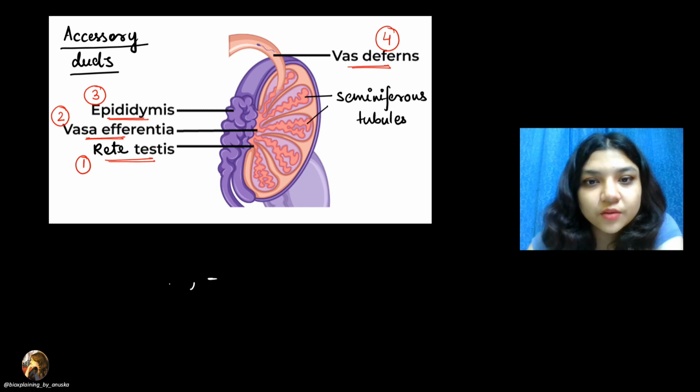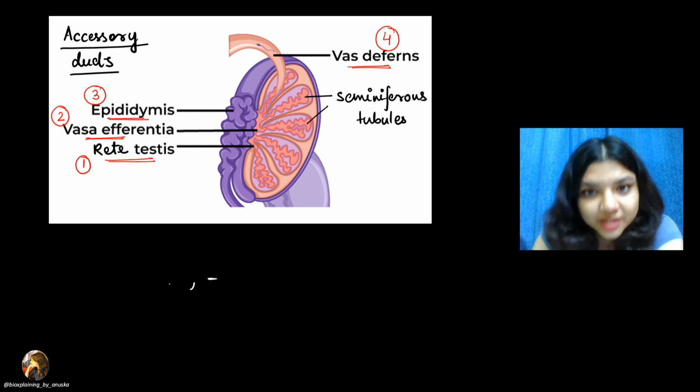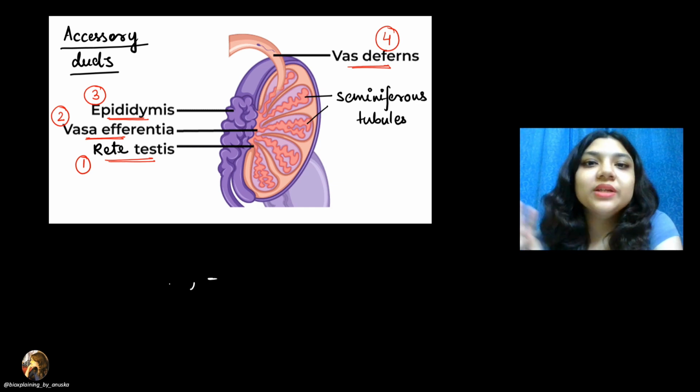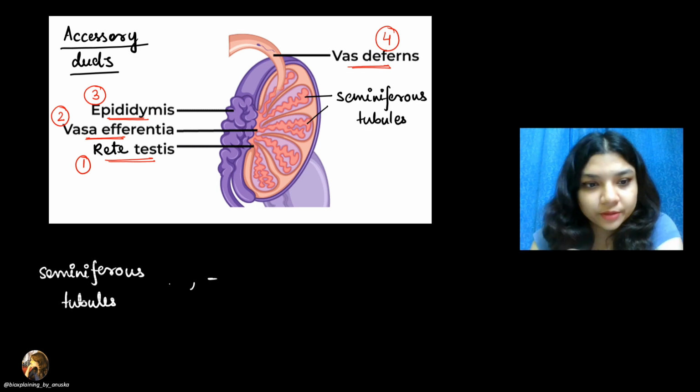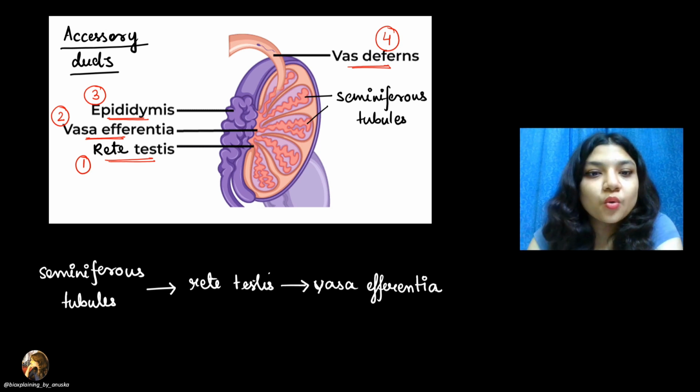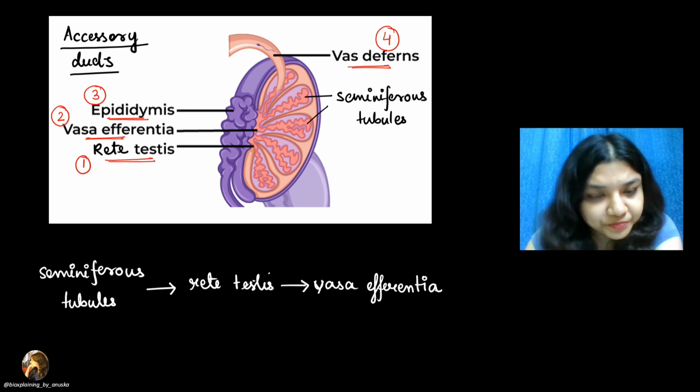So these are the seminiferous tubules, where the spermatogenesis process will occur and sperms will be formed. From the seminiferous tubules, the sperms will first go to the rete testis.